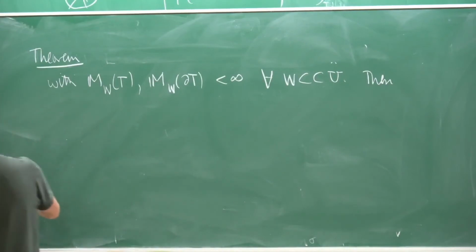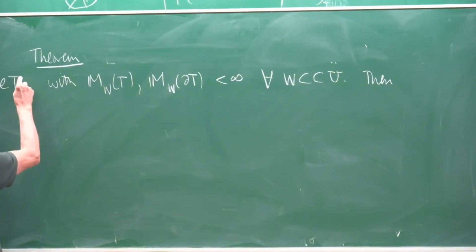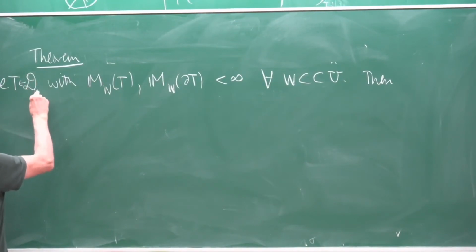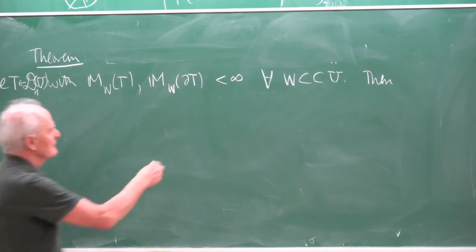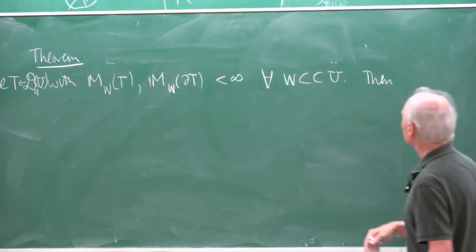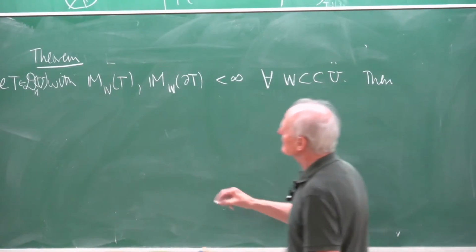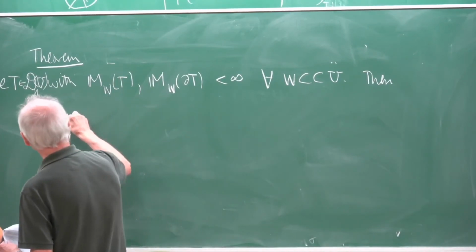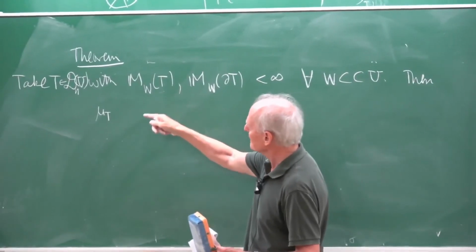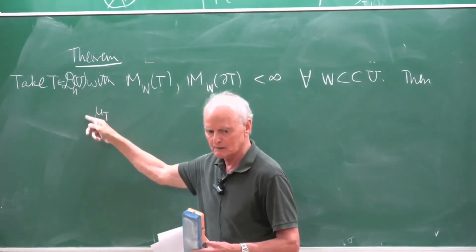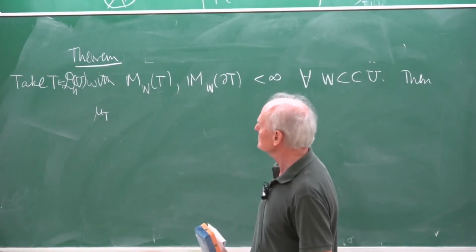Just simply take a current with locally finite mass and the boundary locally finite mass for every W properly contained in U. Then the measure mu T. Remember, T having locally finite mass means there's a corresponding measure, right? That's part of our general knowledge.